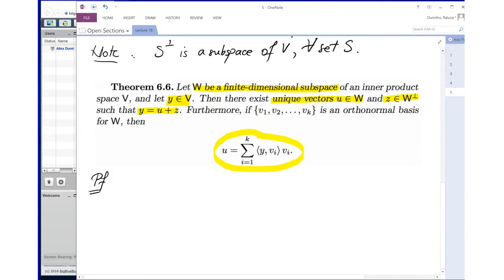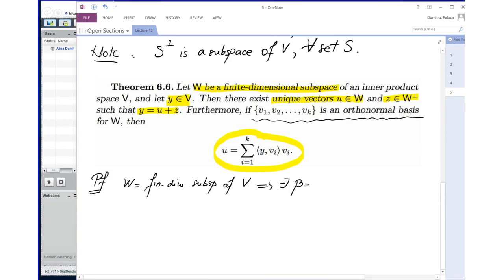Okay. So we start with W, finite dimensional subspace of an inner product space V. If it's finite dimensional and an inner product space in particular, W will have an orthonormal basis, right? Let's call that beta. And we can get inspired from this.